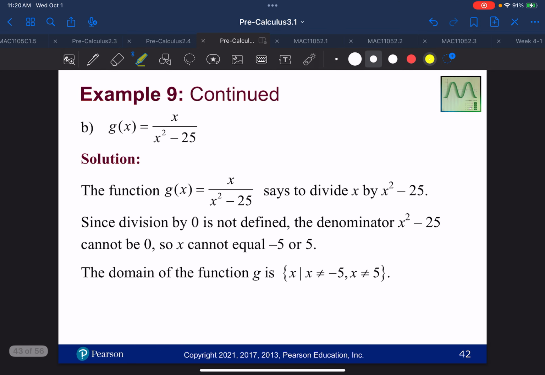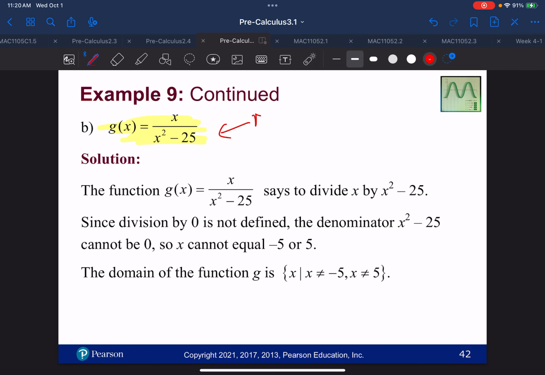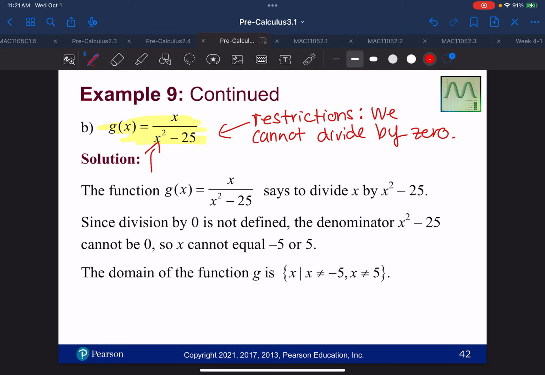Okay, next one is g of x is equal to x divided by x squared minus 25. So if we look at this and think about the restrictions, we cannot divide by 0. So anytime you have a fraction that has an unknown variable in the denominator, you need to make sure you're excluding any values that makes the denominator equal to 0.